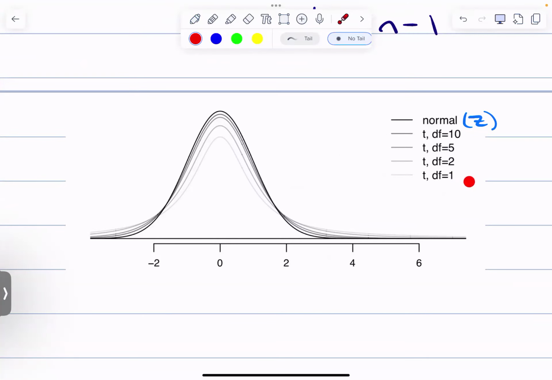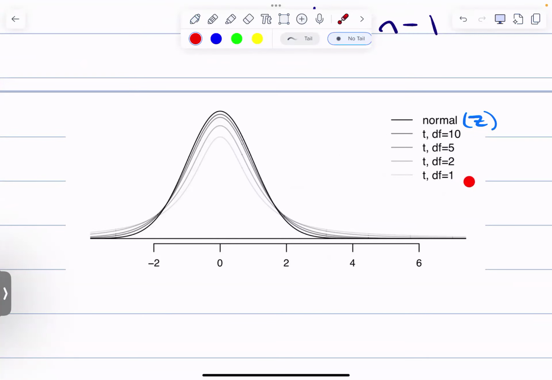In Excel, t.dist, I'm assuming. You give it a t, and it needs the degrees of freedom. And that's going to give you the area to the left, as always.